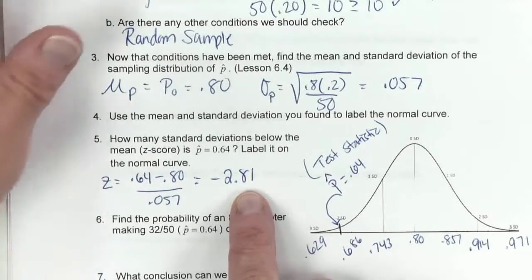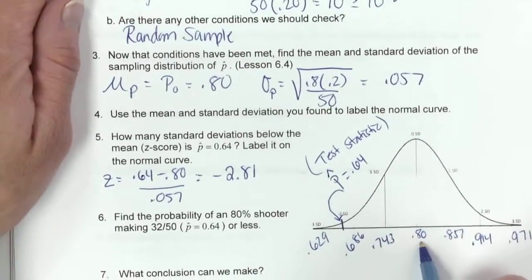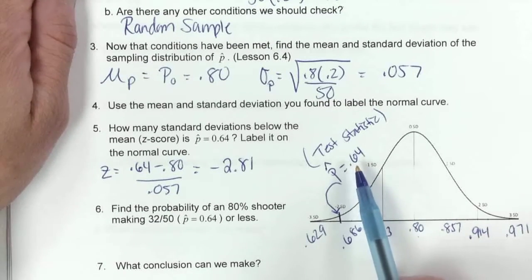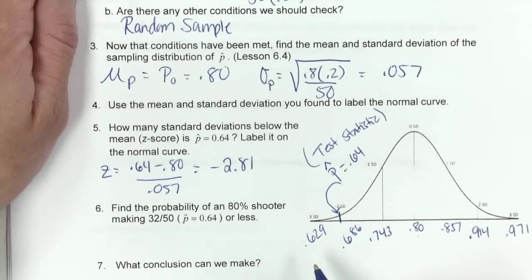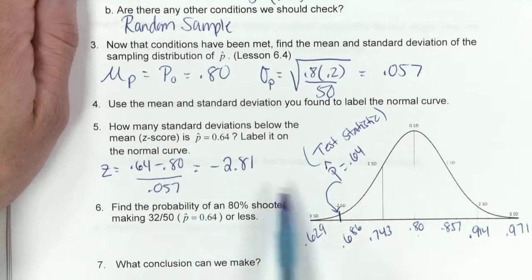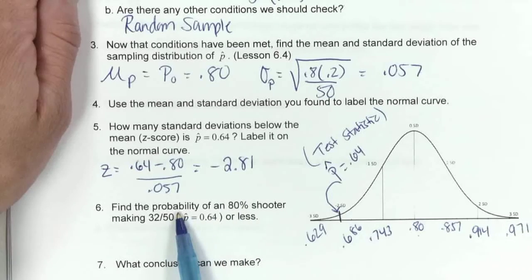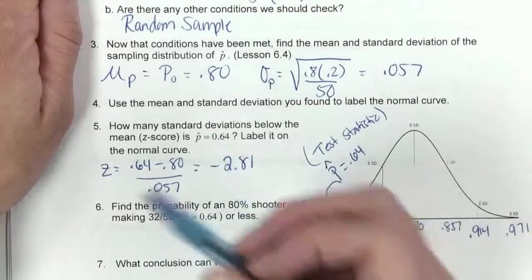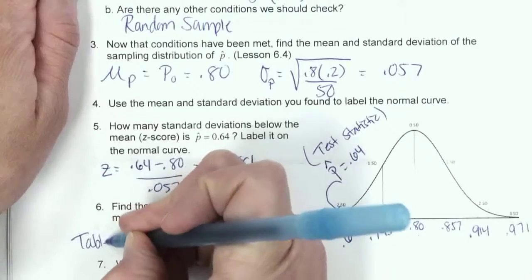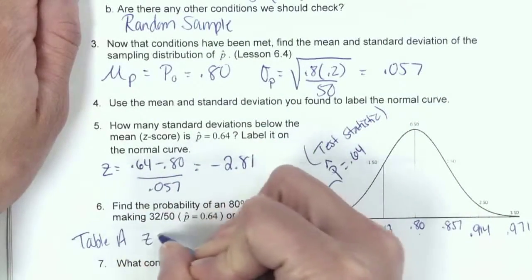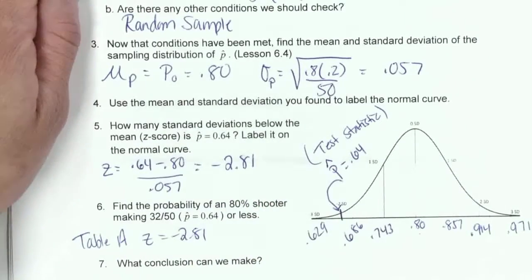So if we have an 80% free throw shooter and they only make 64% of their 50 shots, how unusual is that? Well, that outcome is negative 2.81 standard deviations below the mean. The probability of that outcome, we could use Table A, our normal distribution table for that, and look for our z-score of negative 2.81.